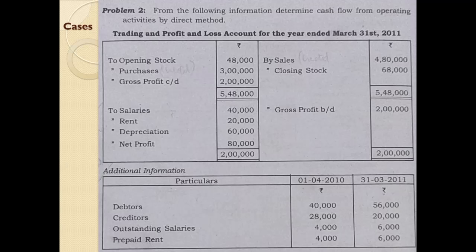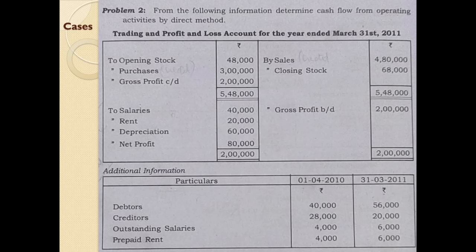Cash flow from operating activity using the direct method, only the operating activity. The question is given. From the following information, determine cash flow from operating activity using the direct method. And we have discussed the concept of preparation of the cash flow statement by the direct method.